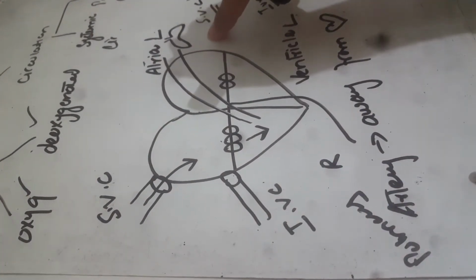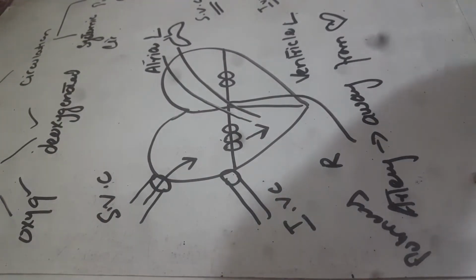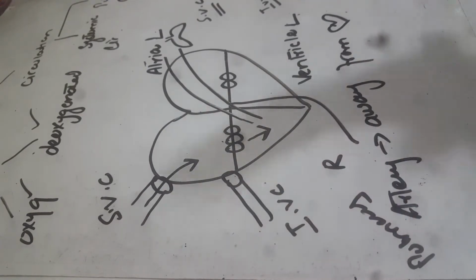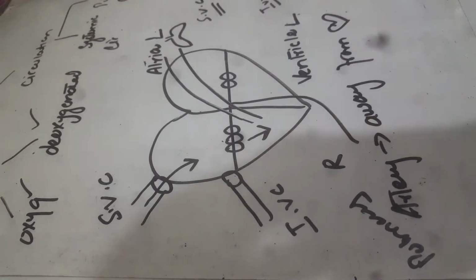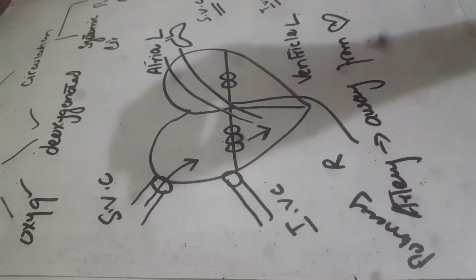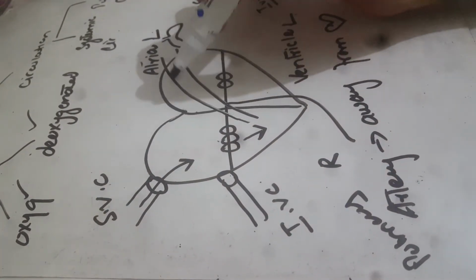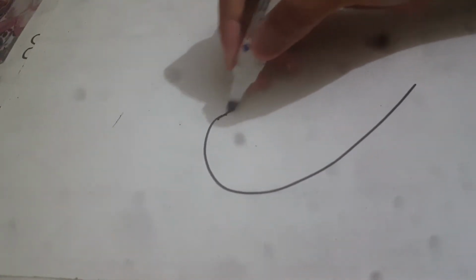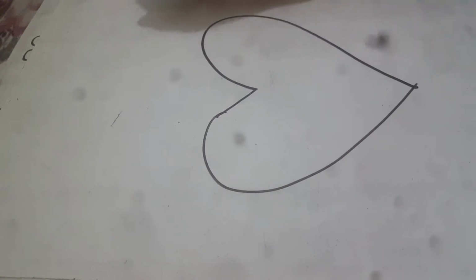After oxygenation in the lungs, now the blood became oxygenated. It is coming back into the left atrium via the pulmonary vein. Let me draw here. Now we'll discuss what happens after coming back.